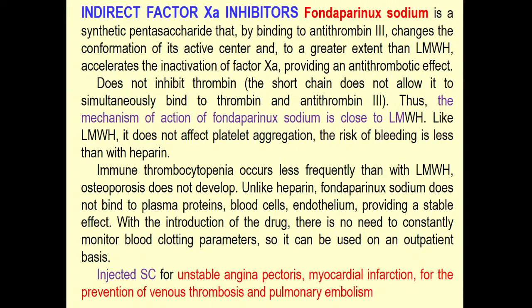Injected subcutaneously for unstable angina pectoris, myocardial infarction, for the prevention of venous thrombosis and pulmonary embolism. It is an indirect factor 10A inhibitor.